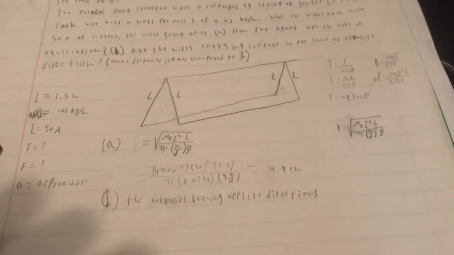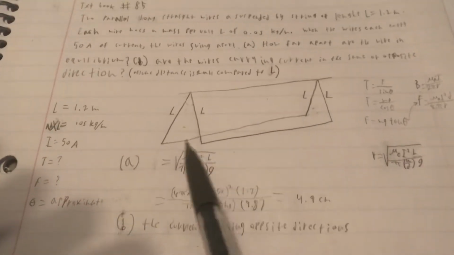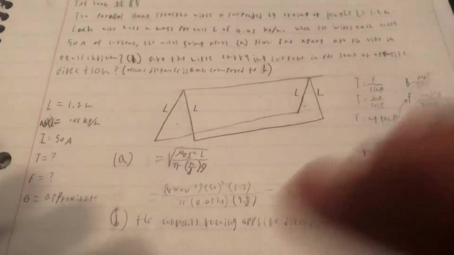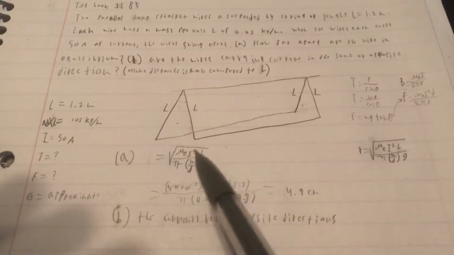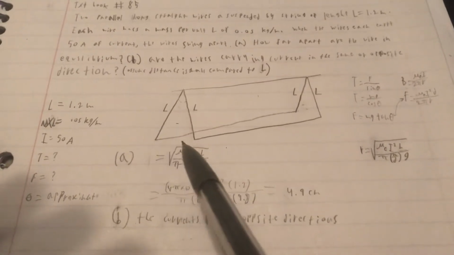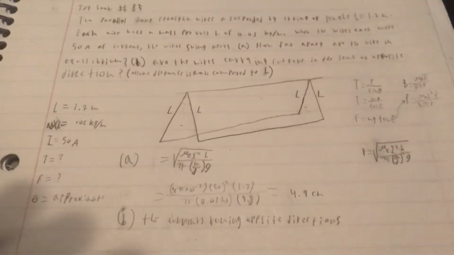For this, we actually need something from 191, which is tension, because there's tension made whenever gravity is pulling down on the string, so that has a lot to do with how close these wires can either get apart or actually get smushed together.